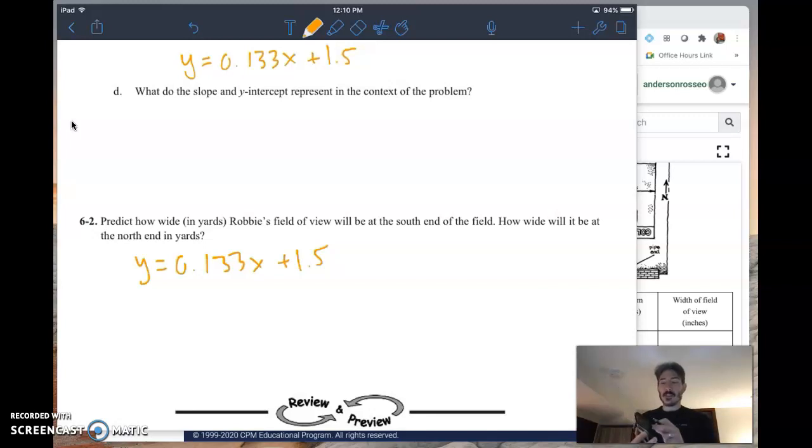So that's 150 feet. And then there are 12 inches in every foot. So that says he is 1,800 inches from the edge of the field. So I'm going to plug in 1,800 for my x value here.